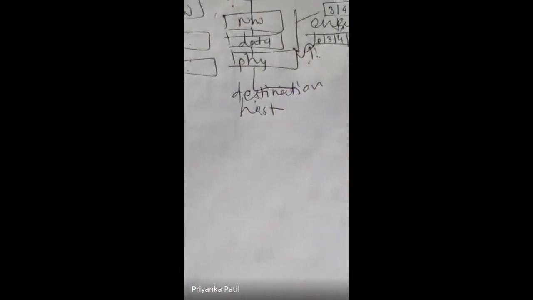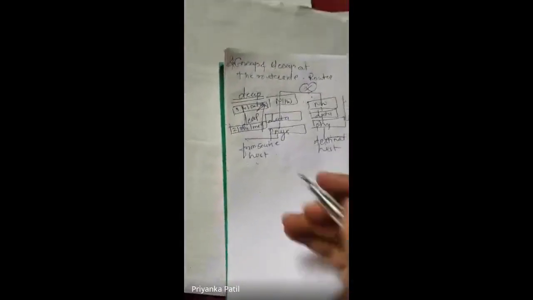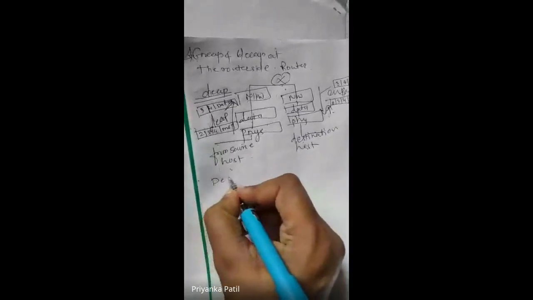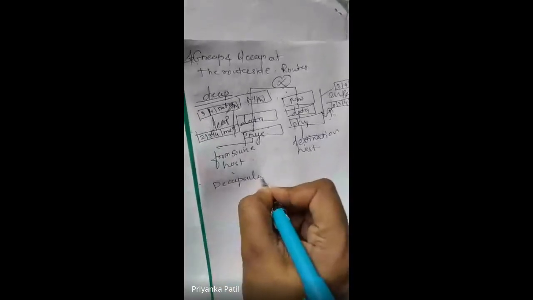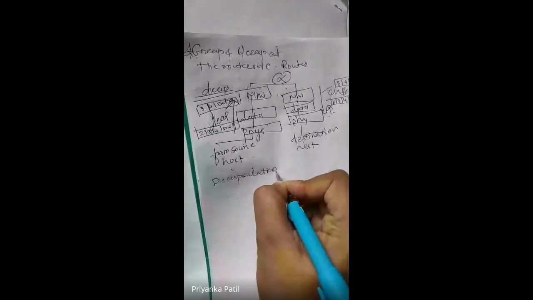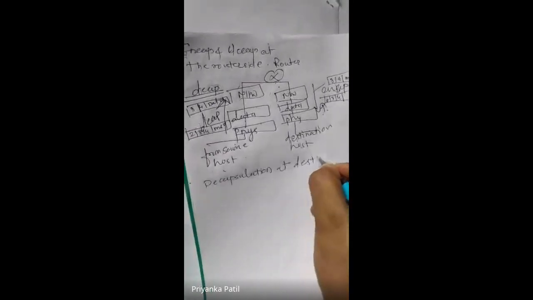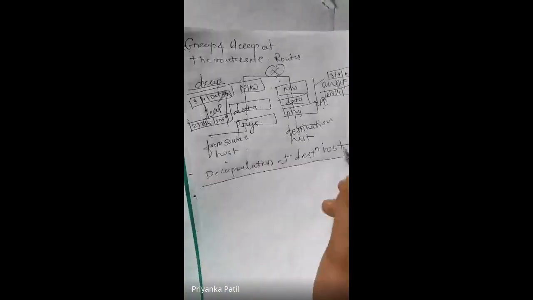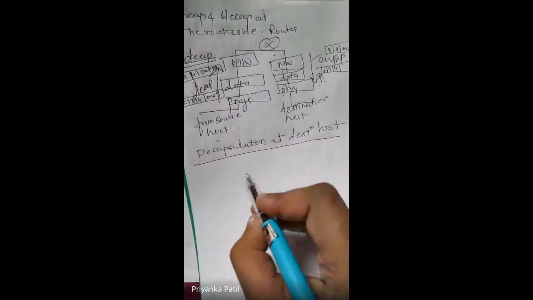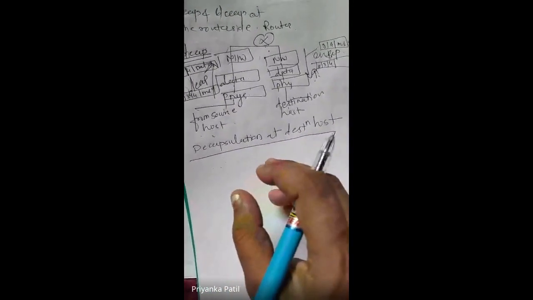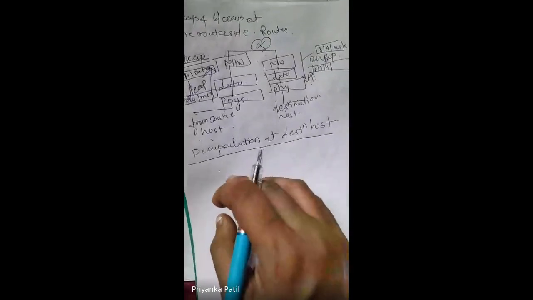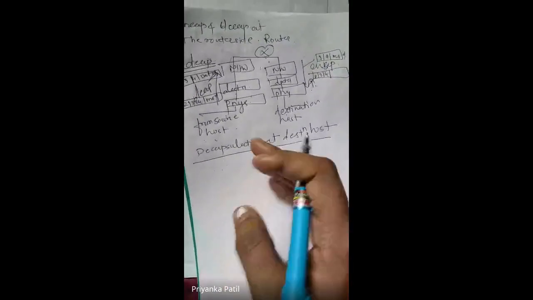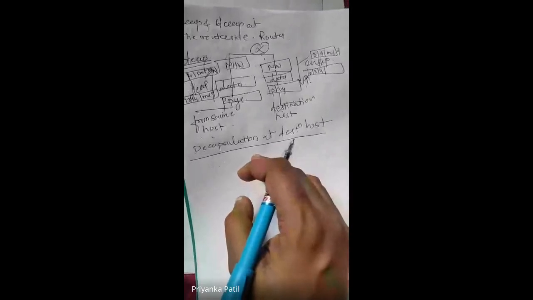Next, we study the concept of decapsulation at the destination host. Basically, at the destination host, only the decapsulation process is carried out at each layer. So this is the reverse of the encapsulation process.